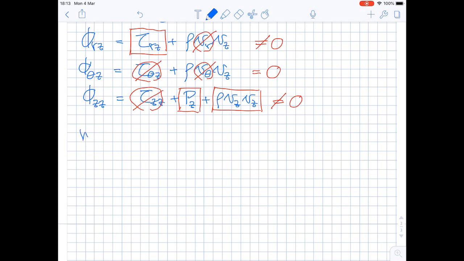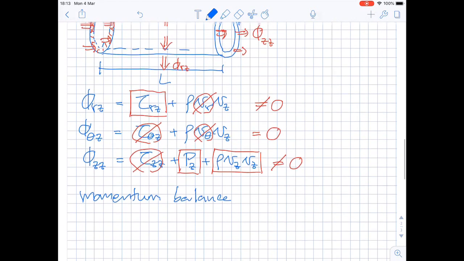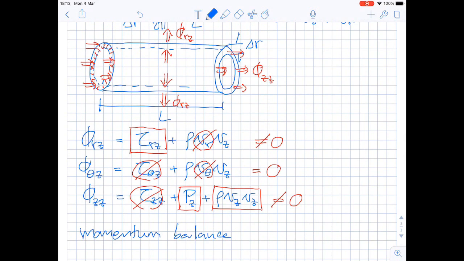So now it's time to do the momentum balance. If we start from looking at this picture of the shell, we have two surfaces. The first surface is this surface, the annular surface going in and going out over here.